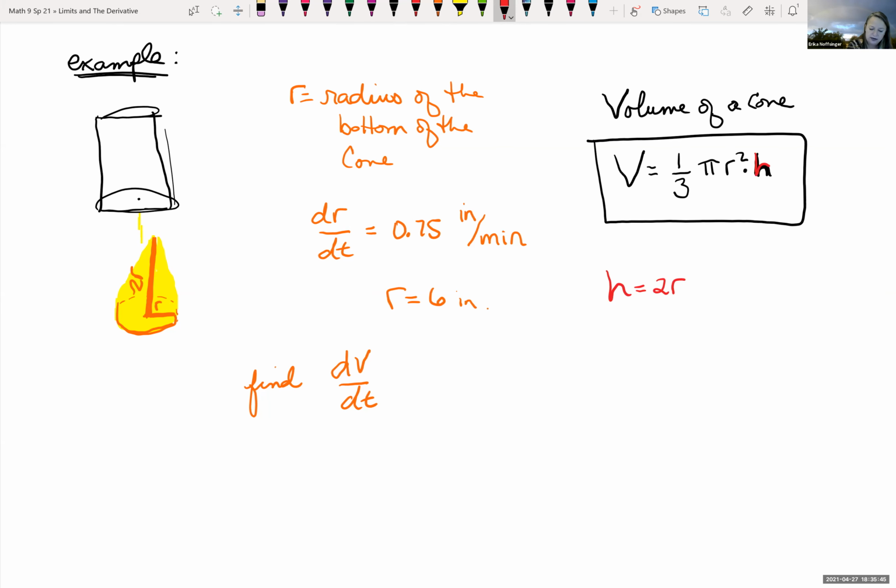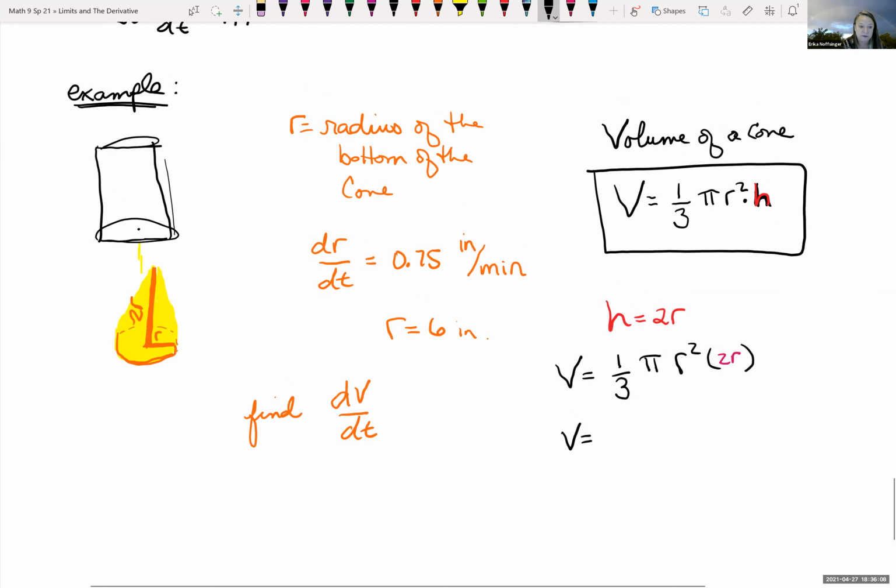So let's rewrite that just in terms of r. Taking the derivative would be much easier if we do that. So we have 1/3 pi r squared times 2r. So we just rewrite this.